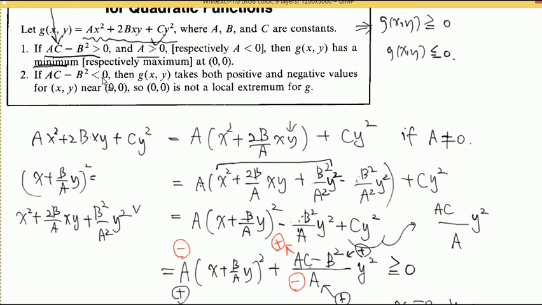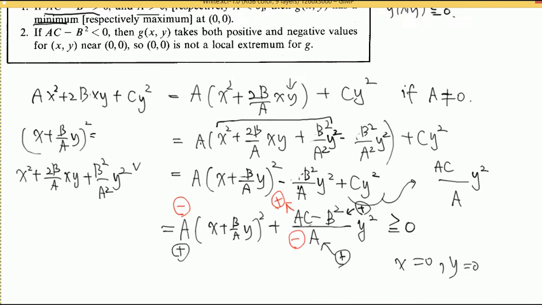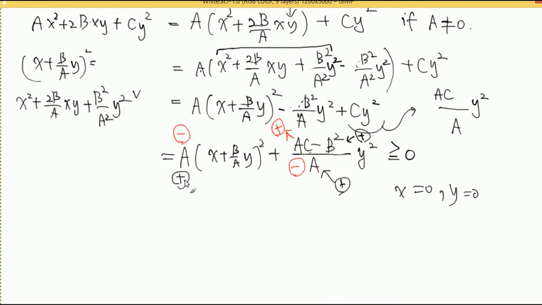If this is negative, think about it here. This is positive when A is positive, and this is positive, and that's negative, right? So we have opposite signs. Just like, for example, we can imagine the situation being like that with negative, some positive stuff in there, and a y squared. If we just look at one variable, then another variable, that looks like a hyperbolic paraboloid, right?